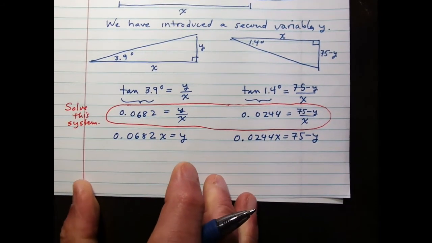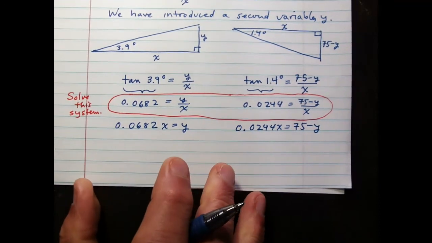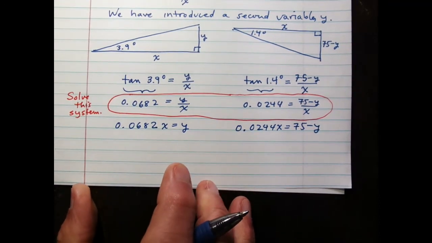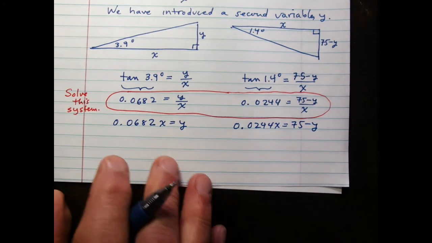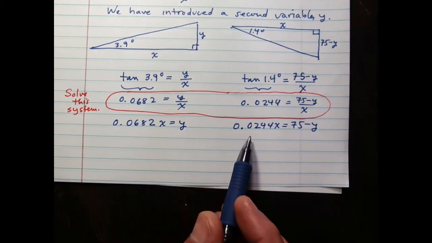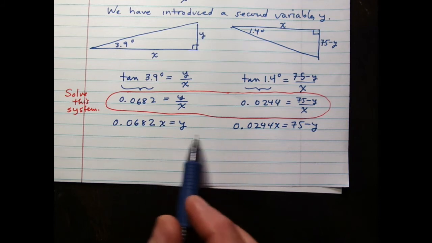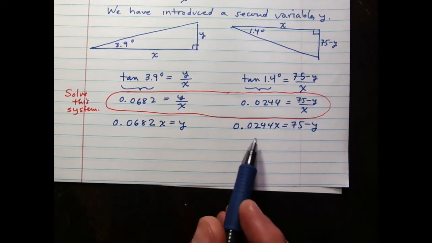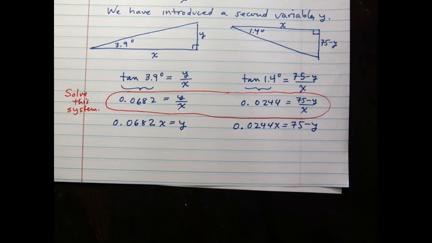It's kind of similar to the previous problem in that we have two equations and two variables, but I don't have the same situation at this point where I can just equate one side of one equation with one side of the other. I don't have the same variable isolated in both.